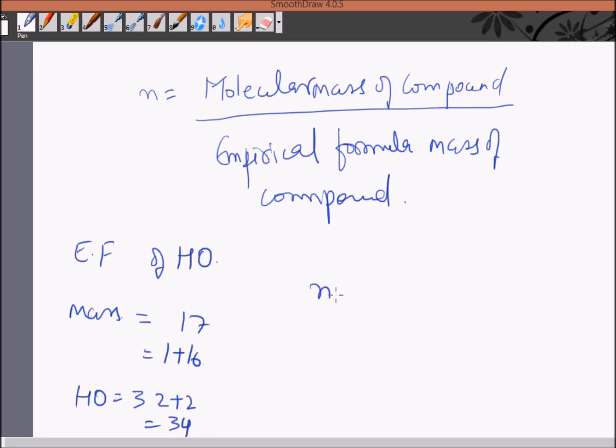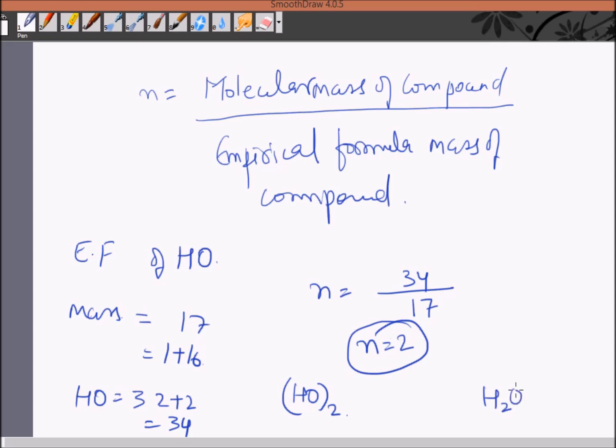So how can I get n? Just putting 34 by 17, we get n equal to 2. So the empirical formula is like this. You can write it like this also. So this converts into the molecular formula.